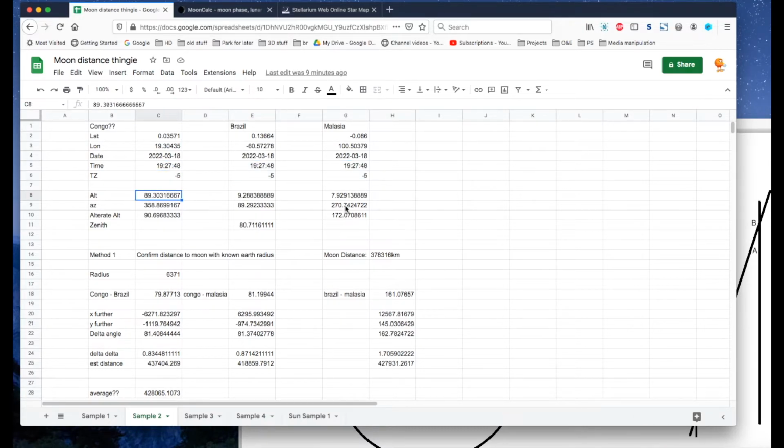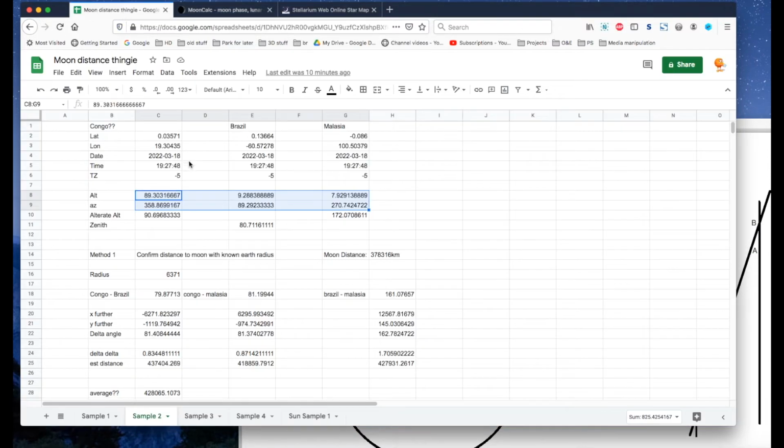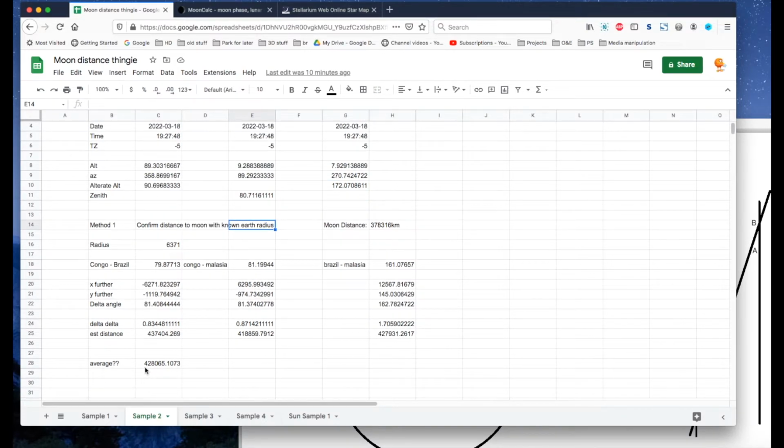And I had to do a slight conversion of their altitude and azimuth that is expressed in degrees, minutes, and seconds, and turn those into a real number like this. So now I have 3 locations, 3 measurements, and I performed similar calculations as before, and I got 428,065 kilometers as opposed to 378,000.